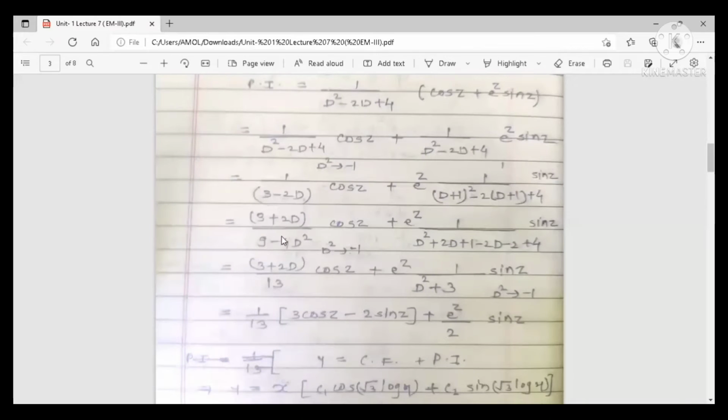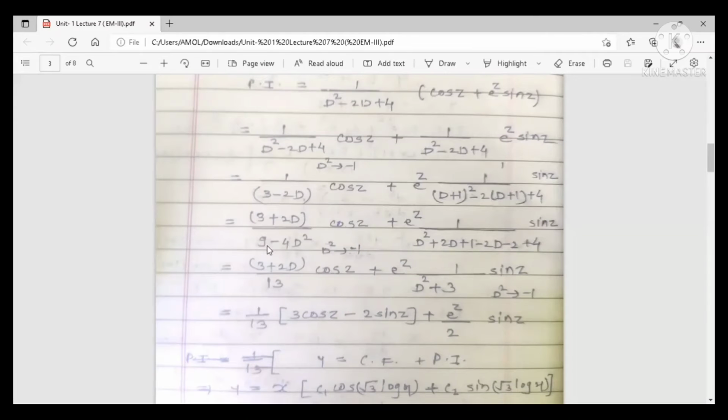3 minus 2d into 3 plus 2d reduces to 9 minus 4d square, into cos z, plus e raised to z. In the second term, the work of e raised to z is done, so e raised to z stays as it is. In the denominator, expand d plus 1 whole square: d square plus 2d plus 1, minus 2d minus 2 plus 4, into sin z.